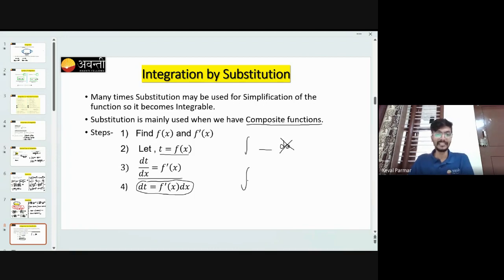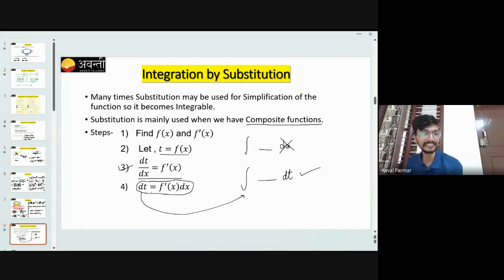So I need to convert dx into dt. That's why we do the third step, that is differentiate. And that's why we use this substitution. We put f dash of x dx as dt. It will be clear if we take an example.